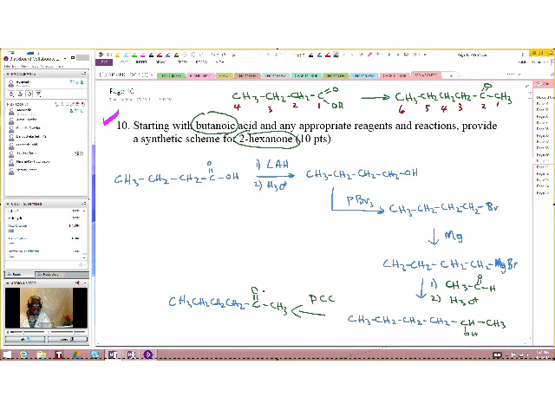What I was really thinking, oh, by the way, that is an excellent one, Marsha, that was very good. I was also thinking that you could use, at this point, an SN2 reaction, sodium cyanide. Use the SN2 reaction here, and with that you get this.